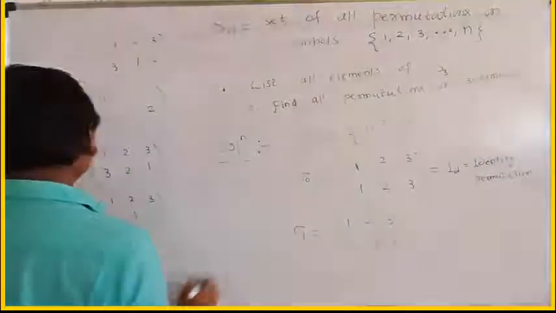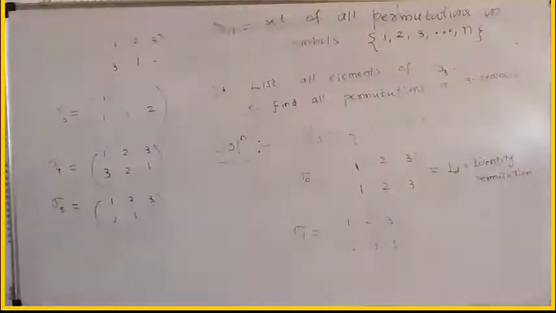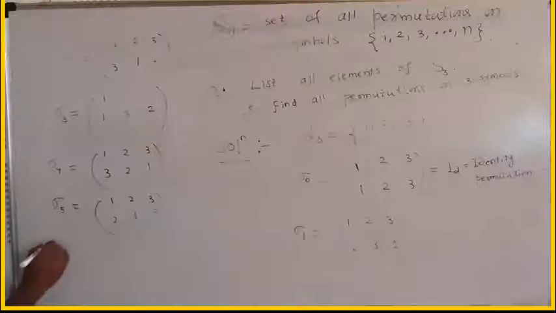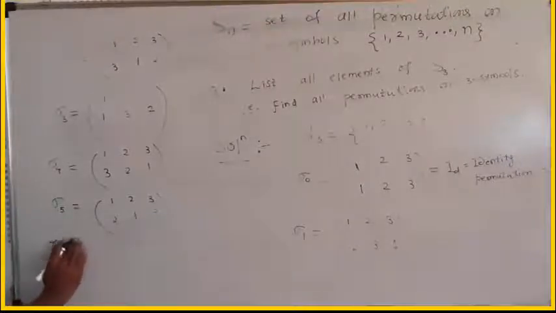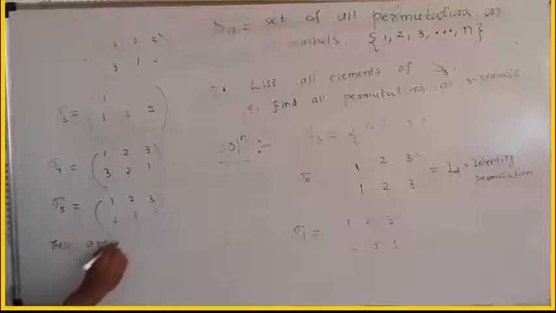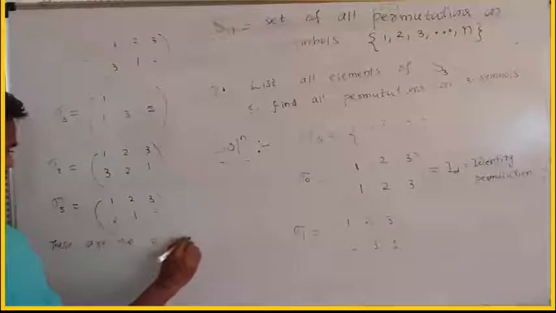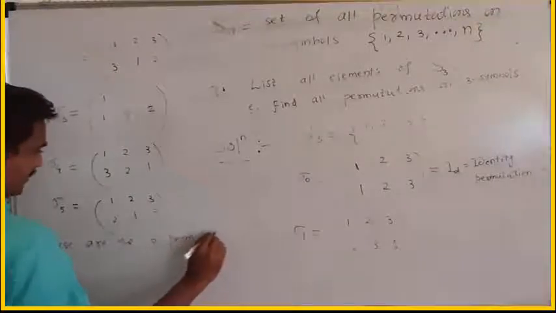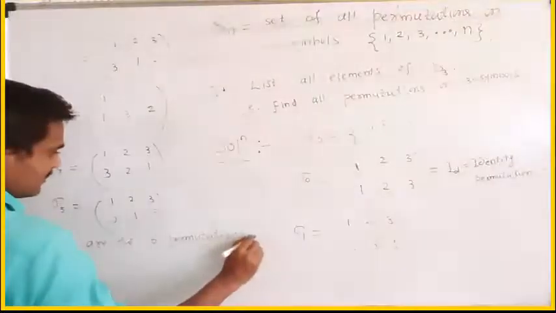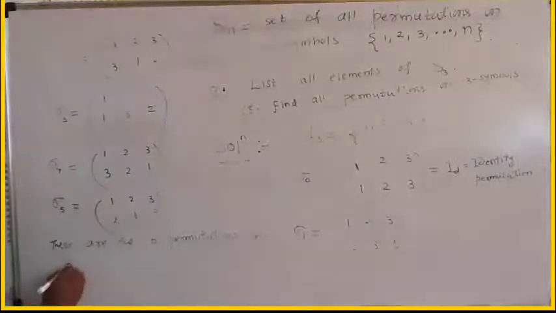These are the 6 permutations on 3 symbols.